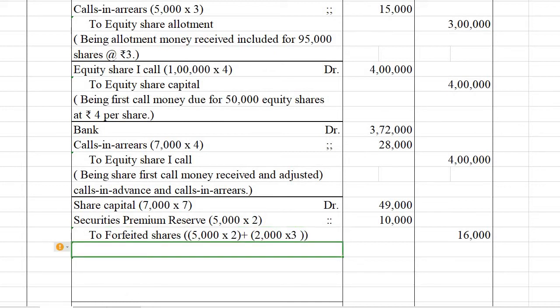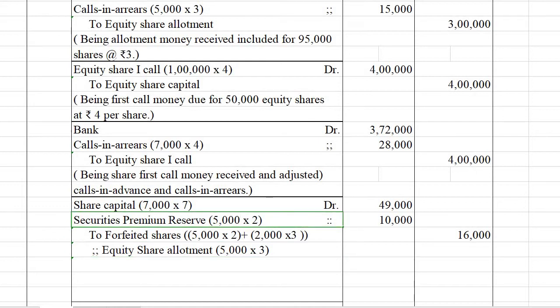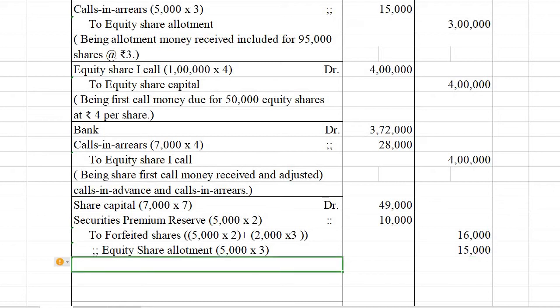Then after that, which is the amount not paid? We know that 5,000 shares did not pay the allotment. So his premium we have debited here. So including premium we have to take the unpaid amount. Unpaid amount, always if premium is there, we have to take including premium. 5,000 shares did not pay the allotment, and the remaining 2,000 shares paid the allotment, but in the first call both 5,000 and 2,000 did not pay.